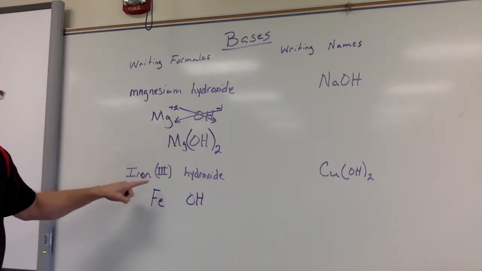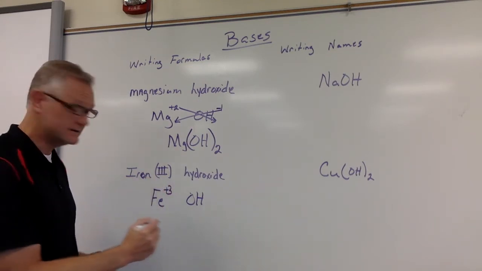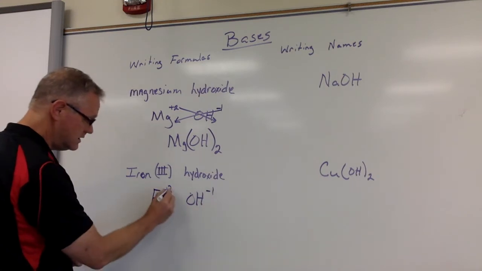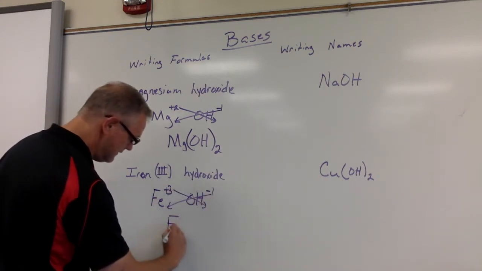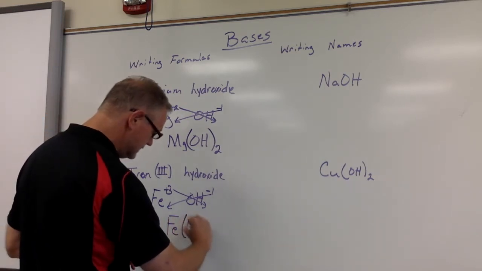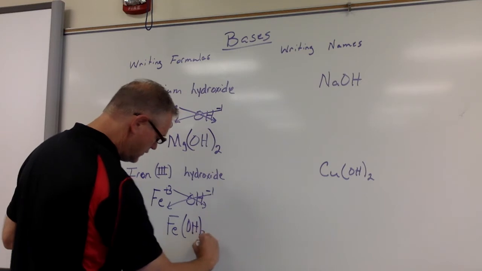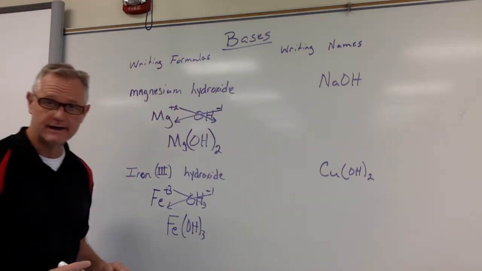Since this is a Roman numeral 3, the iron is going to be a +3 oxidation number, and hydroxide a -1. Again, I'm just going to crisscross, and I get Fe. I don't write the 1, and then parentheses OH, with a 3. And that would be iron(III) hydroxide.